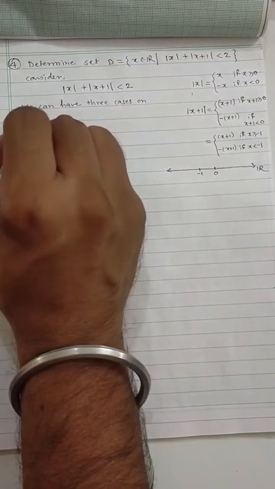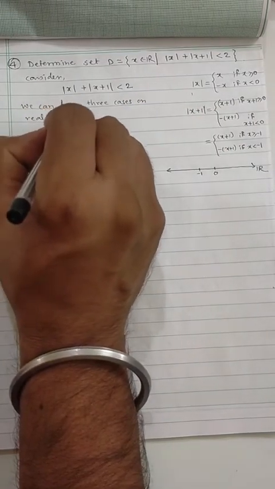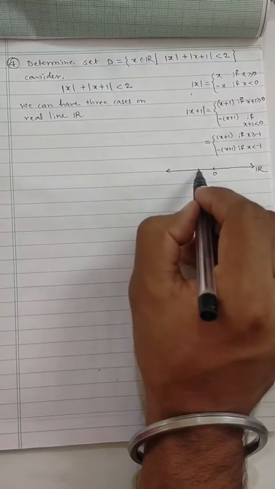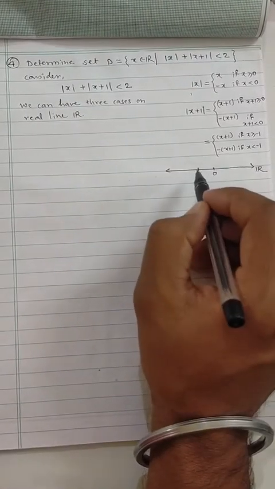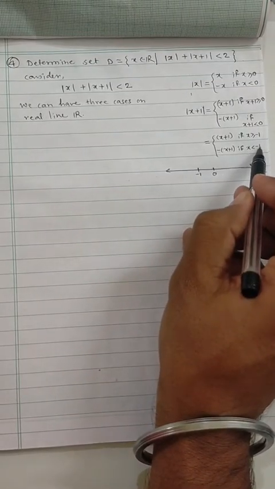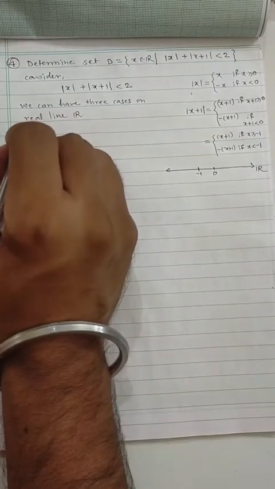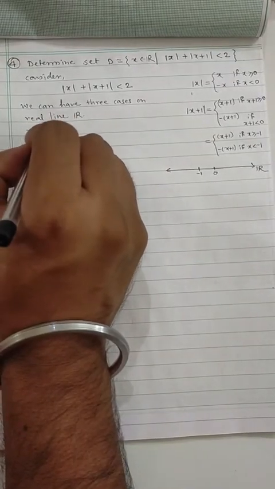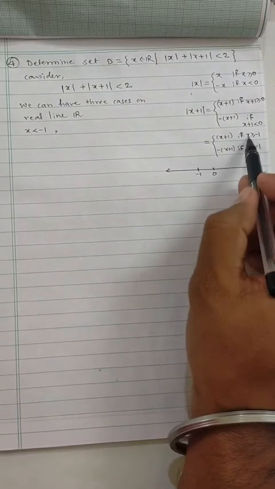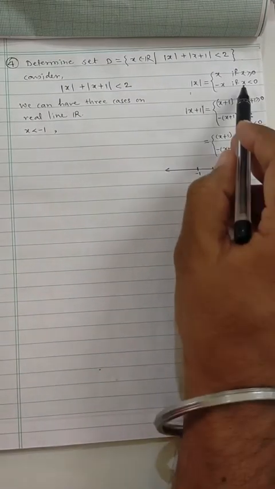What will the cases be? x less than minus 1, right? Then x greater or equal minus 1 and x less than 0.